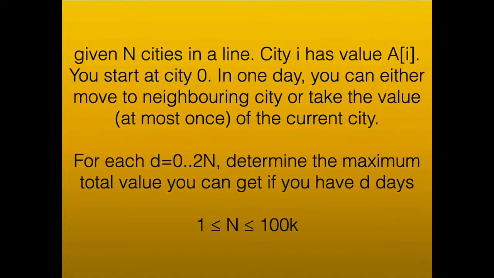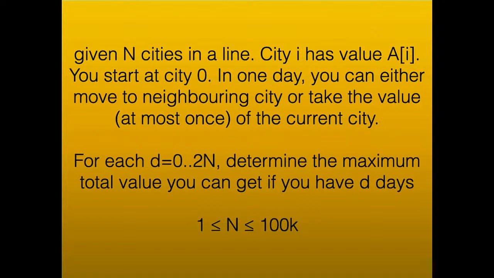So let's say you're given n cities in a line, and each city has a value, right? Initially you start at city 0. In each day, you can either move to a neighboring city, like if you are at city I, then you can go to I minus 1 or I plus 1. But 0 does not walk to n minus 1.